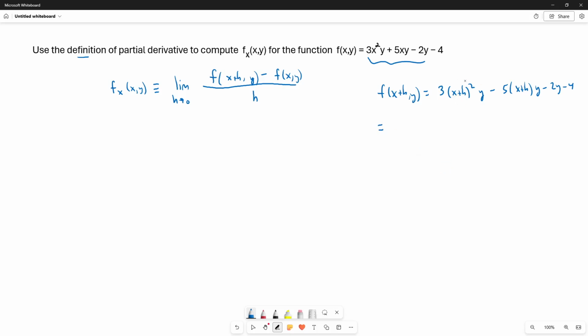And so now we will expand this out, and here we will distribute the 5 and the y.